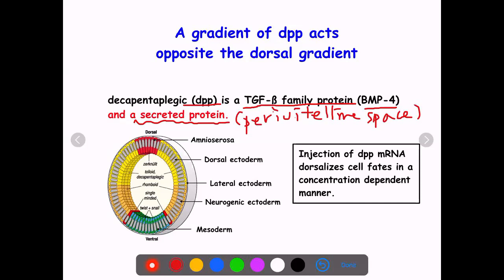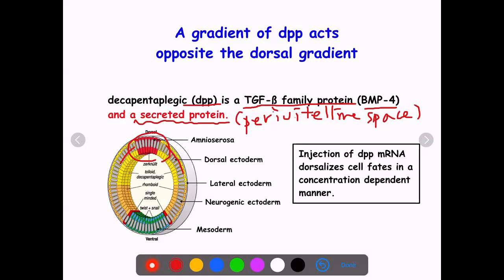So what this decapentaplegic does is that, okay, dorsal cells are here, okay? They will produce this all around, okay? They will produce this toroid, decapentaplegic together.